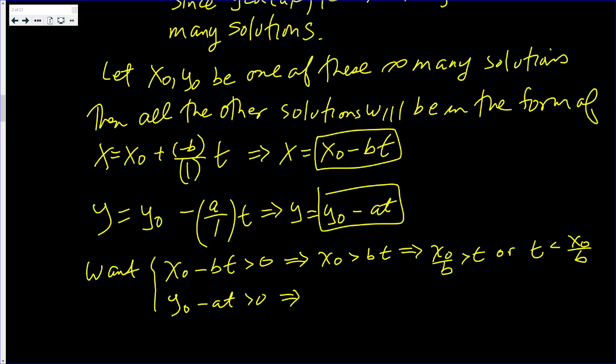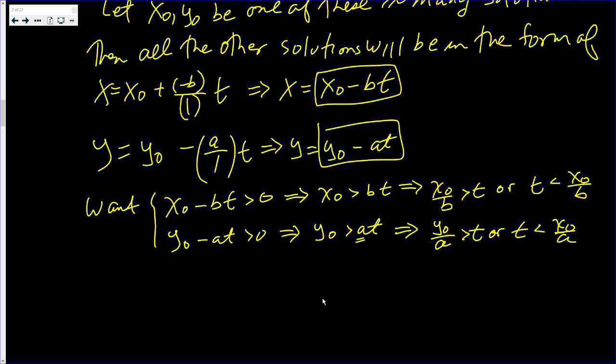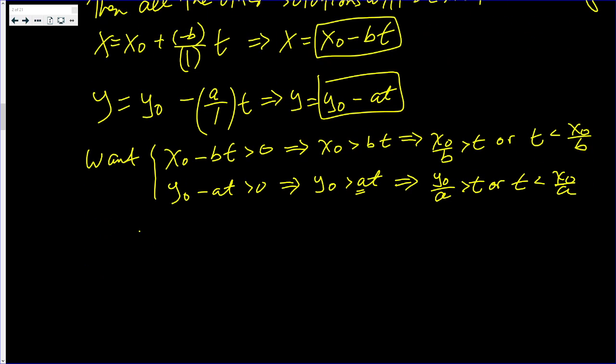This implies that y0 must be bigger than at. Since a is positive, then y0 over a has to be bigger than t. So we need t to be less than x0 over b, and t to be less than y0 over a.